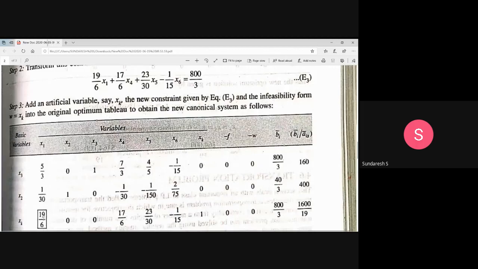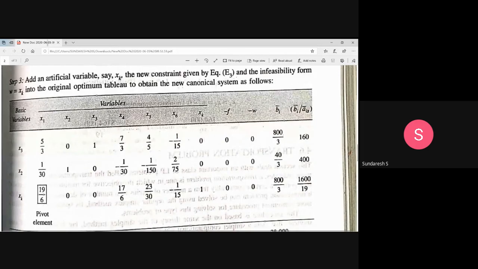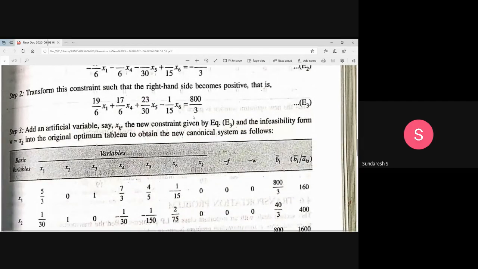Then here we have 0, x3 also 0, x4 is 17 by 6, x5 is 23 by 30, and for x6 it is minus 1 by 15. For xk you have to put 1 and the remaining is 0. And here bi is 800 by 3.